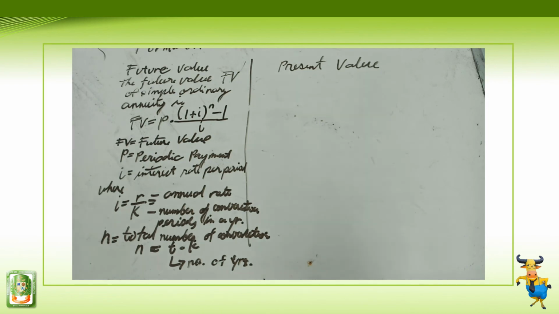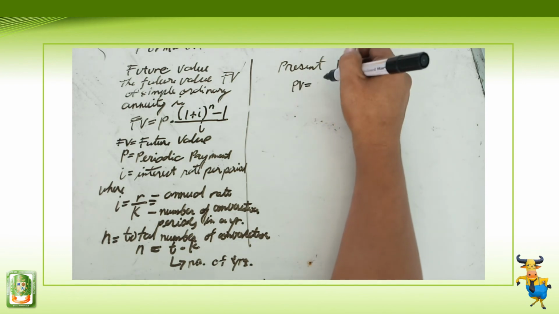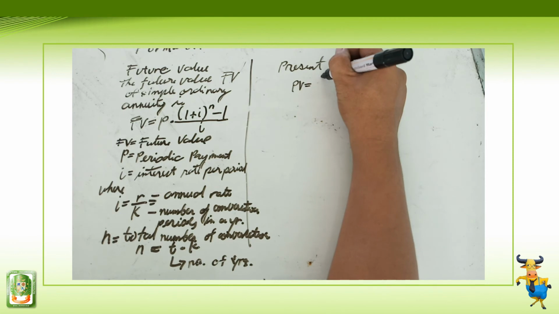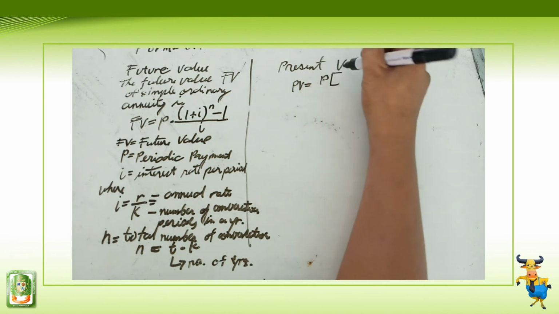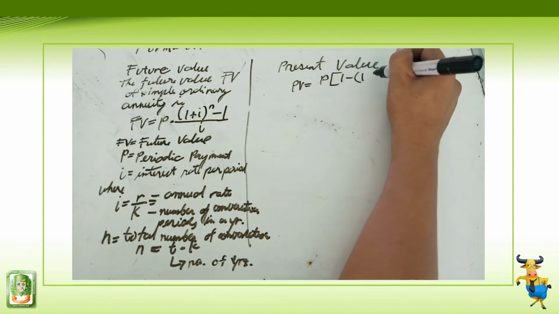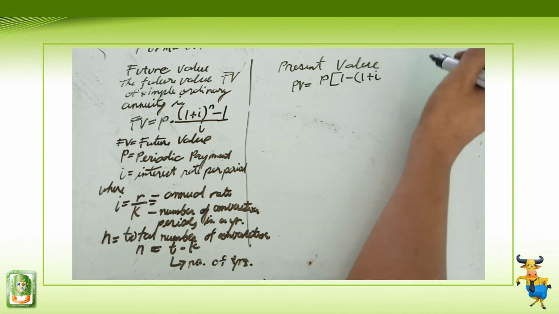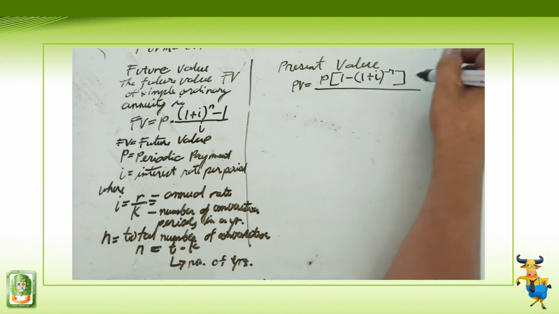How about the present value? Magiging PV is equal to the periodic payment times bracket 1 minus 1 plus the interest rate per period raised to negative n over the interest rate per period.